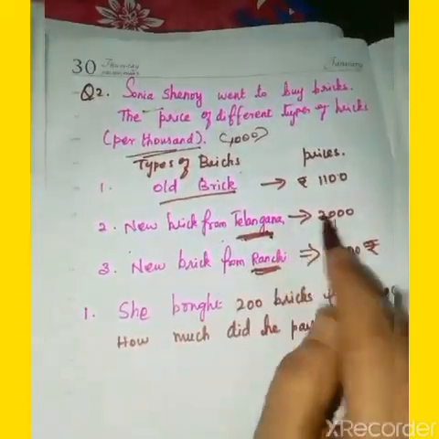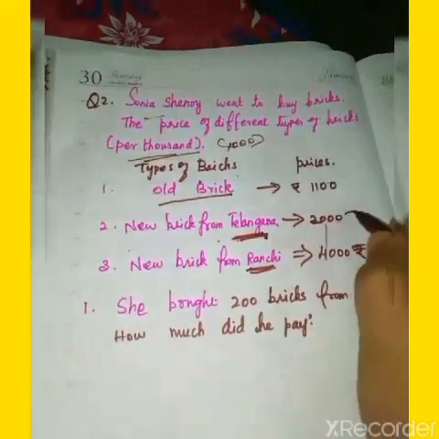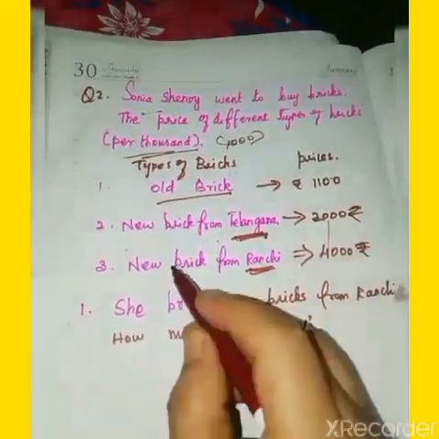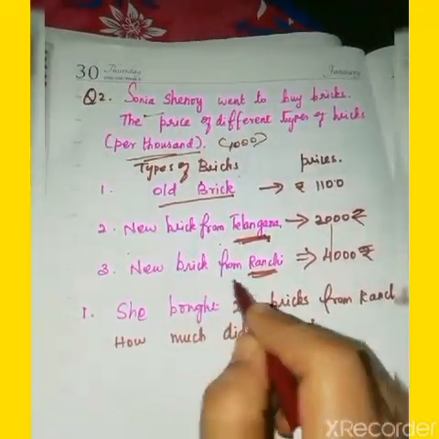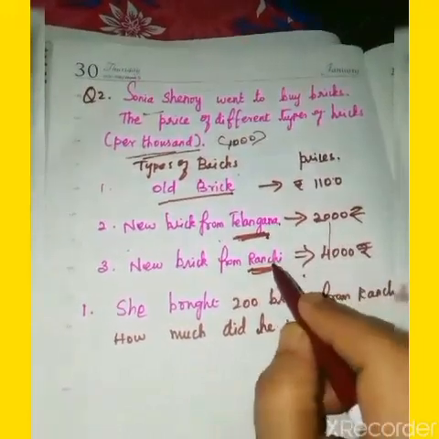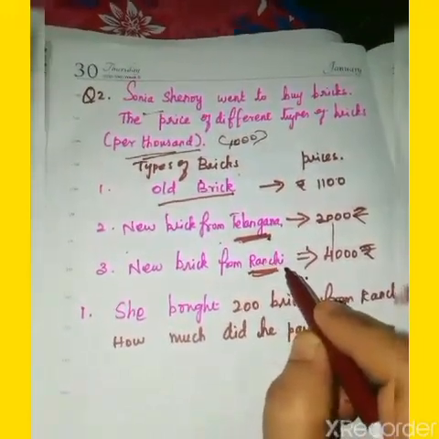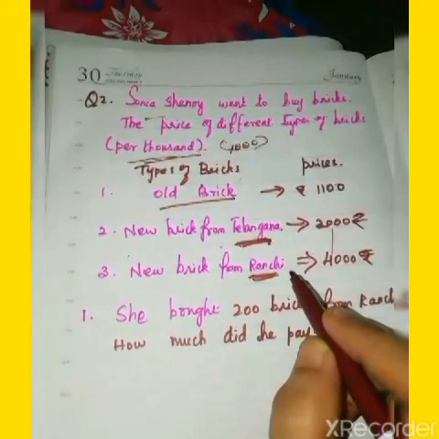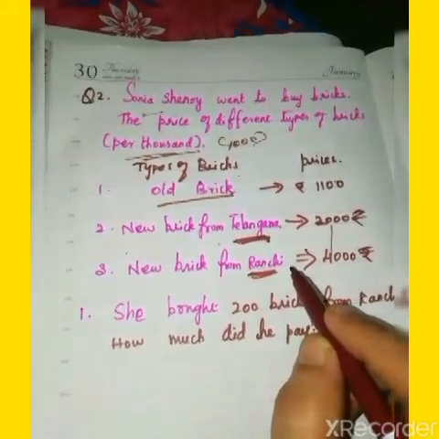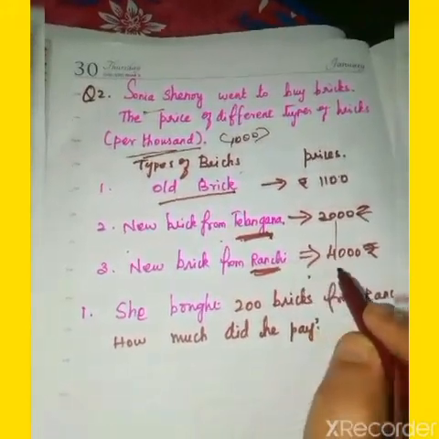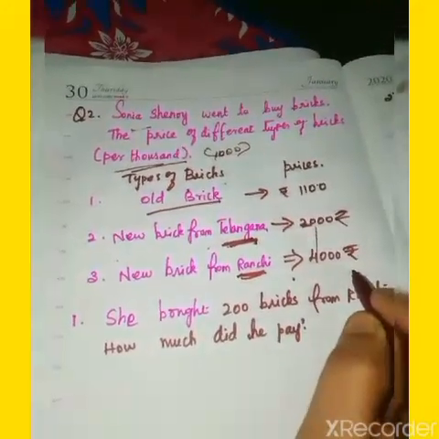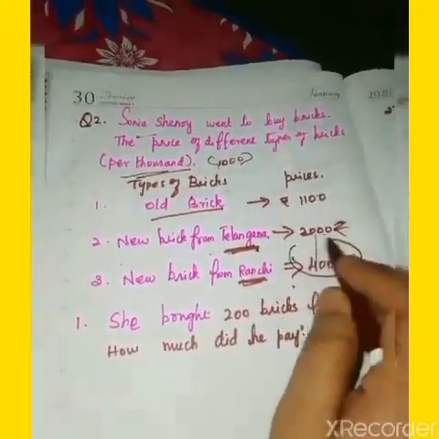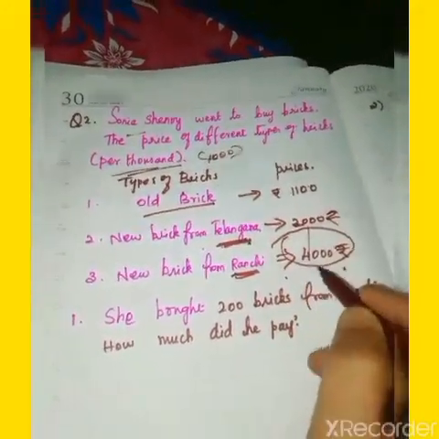New brick from Telangana, that is rupees 2000. And a new brick from Ranchi. Search for Ranchi; this is also one of the states in India, and find where it is. Rupees 4000, so the highest value. Ranchi bricks are very high in value.